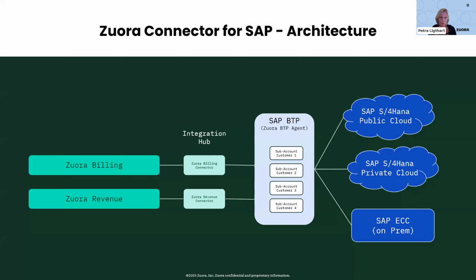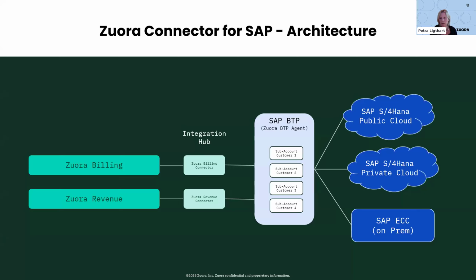Here, from an architecture perspective, you see our 2 main products, Zuora Billing and Zuora Revenue. We have a so-called integration hub, which is responsible for extracting the data in a unified fashion from either billing, revenue, or both. And it goes via an SAP BTP agent to the different versions of SAP.